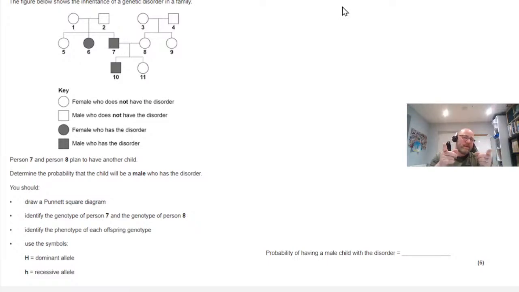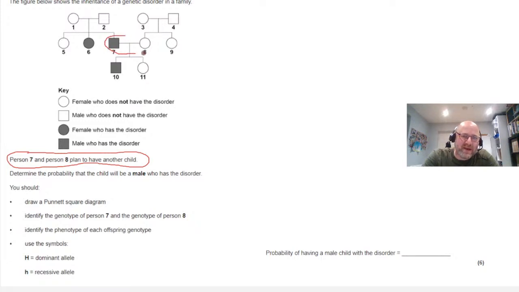Okay, 6 marker. Who's ready for the 6 marker? Right, let's have a look at this. Person 7 and 8 plan to have another child. These are called pedigree diagrams, and they can be quite hard.